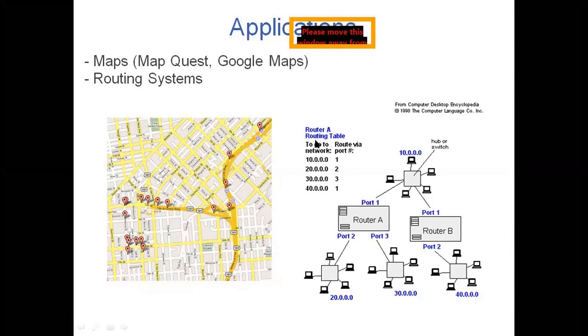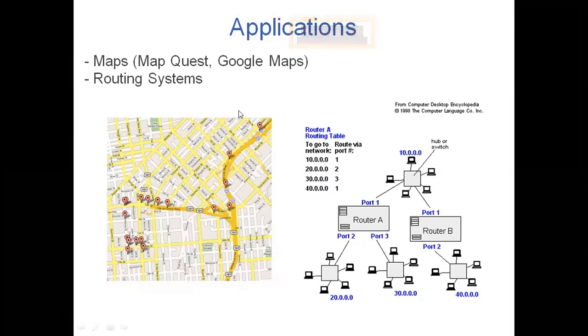Router, routing table. So we have networks. In the networks, we want to find the route. Which route is the shortest one? In that case also, in routing systems, we have applications of this single source shortest path problem.